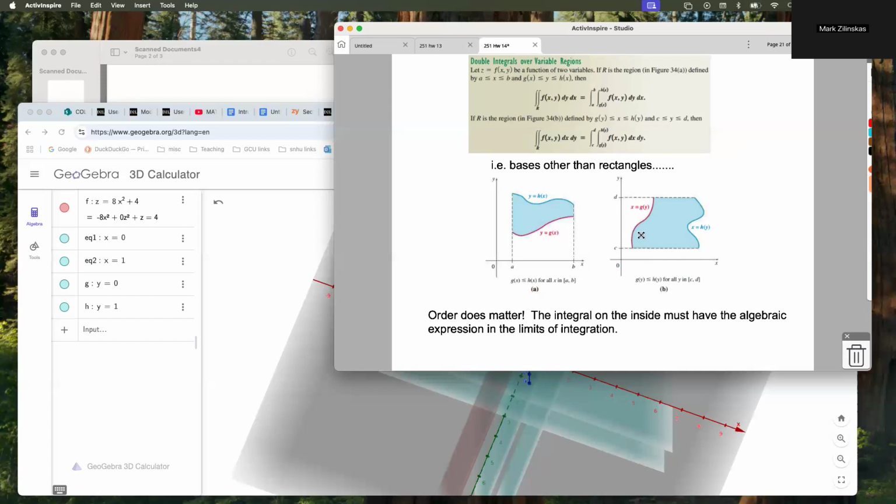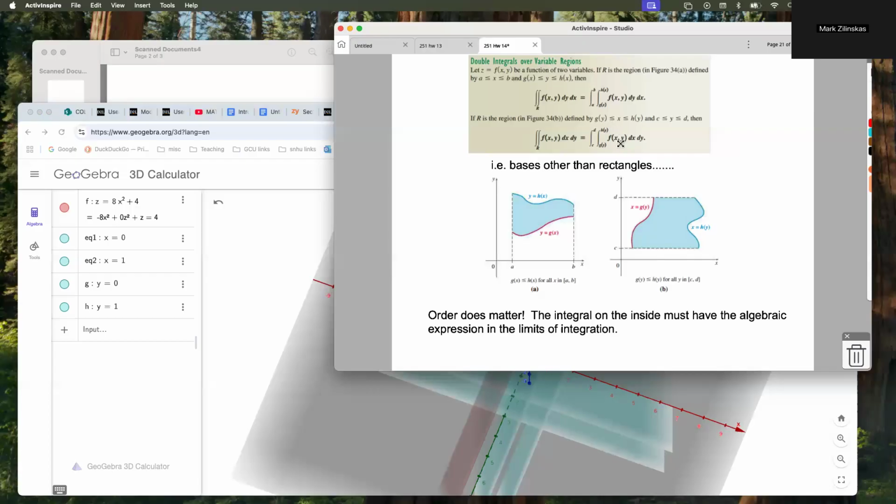Then y is going to start at c and go up to d. That would be my outer integral. Okay. So again, when I evaluate the integral, when I find the antiderivative of the multivariate function, I'm just going to treat y as a constant, and I'm going to replace all the values of x with expressions in terms of y.